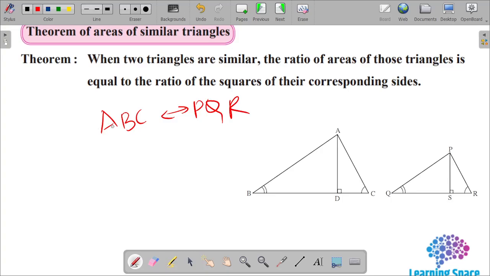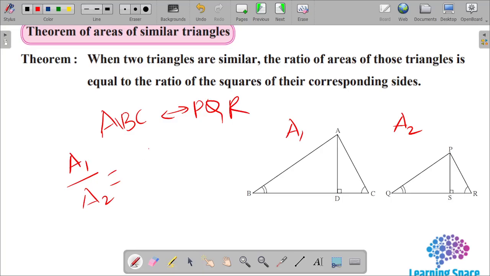Suppose the area of this triangle is A1 and this is A2. So the ratio of areas of these two triangles would be the square of the ratio of their corresponding sides.